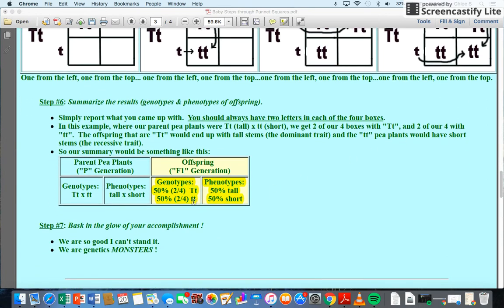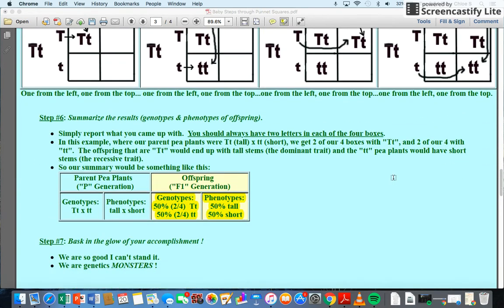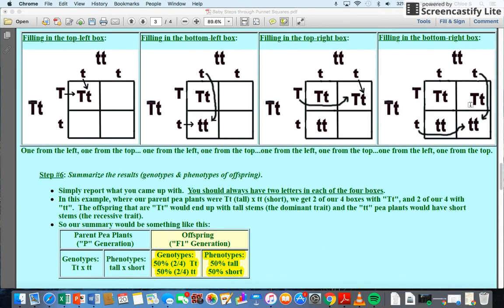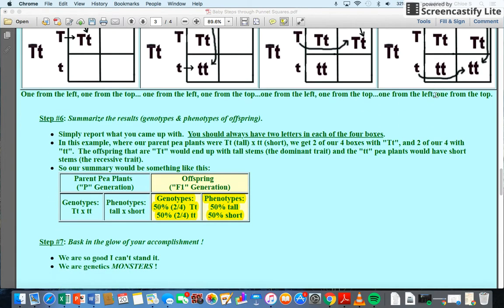Little t, little t represents the other 50%. This is different from the phenotypic ratio, because the phenotypic ratio uses tall and short. 50% would be big T, little t, that's tall. 50% would also be short. The allele that codes for short is the recessive little t, as noted right here.